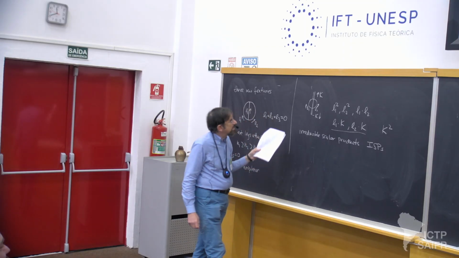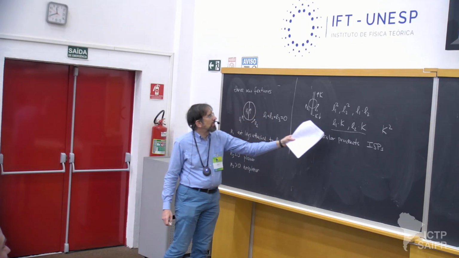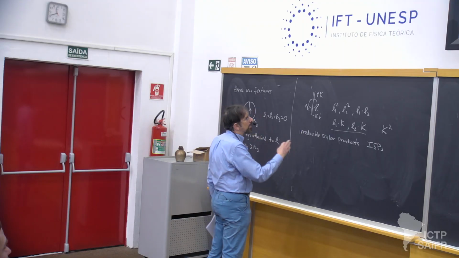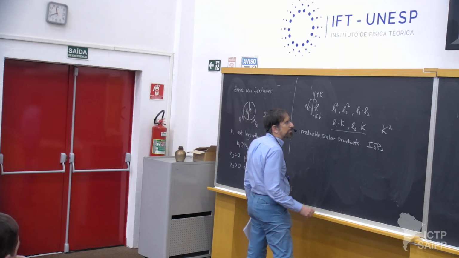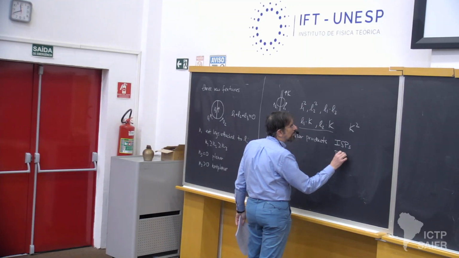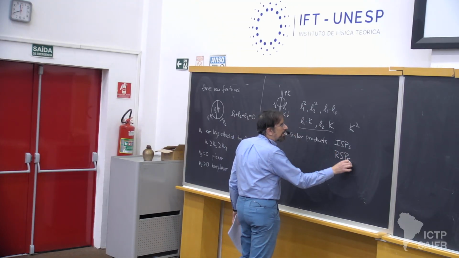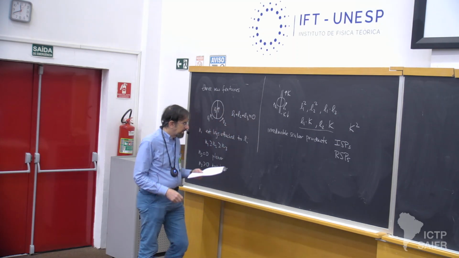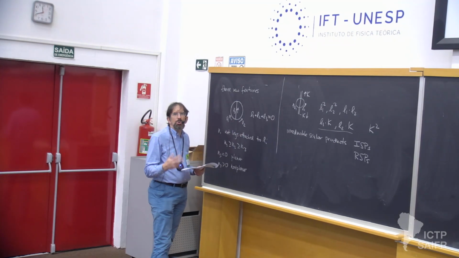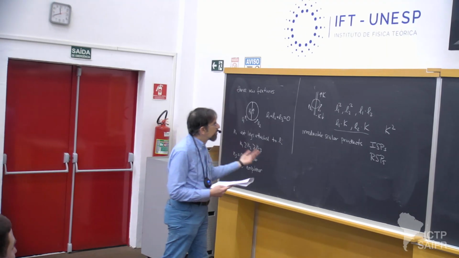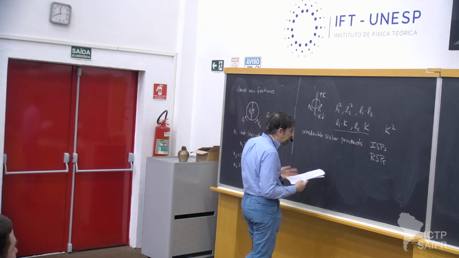Not all of the products are going to be ISPs. There are going to be some that can be written in terms of propagator denominators, and those are, of course, called reducible scalar products, or RSPs. That means that the same partial fractioning ideas can be run, the same Gram-driven reductions can be run.